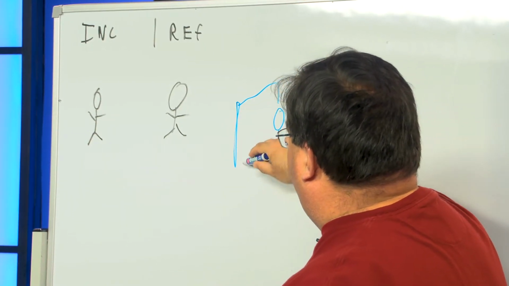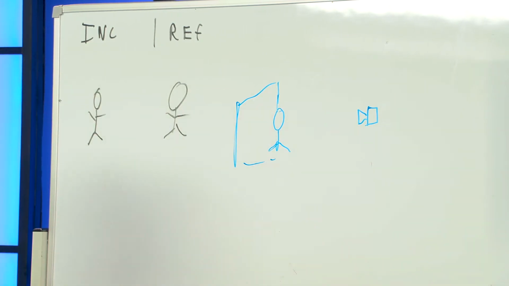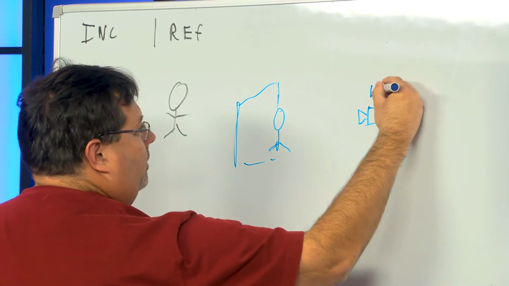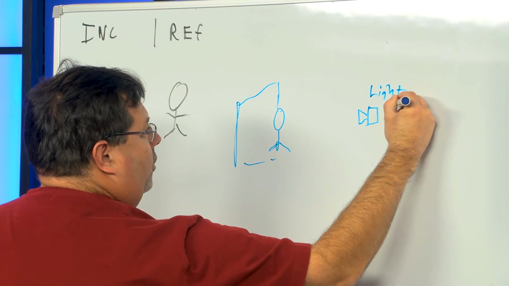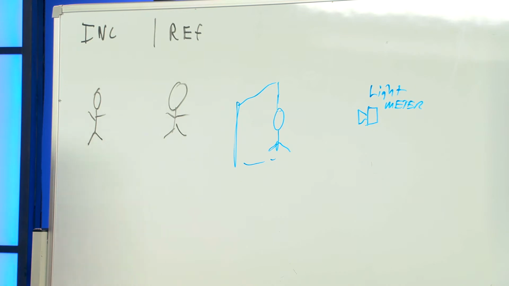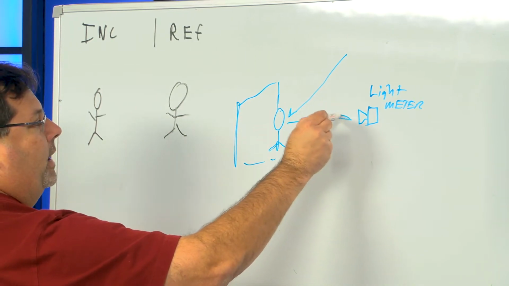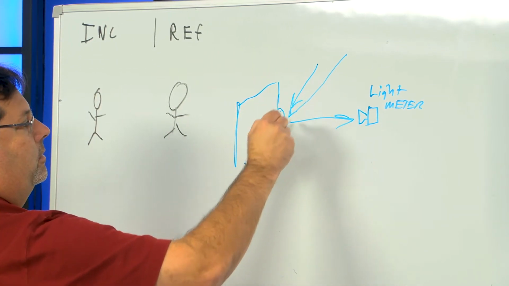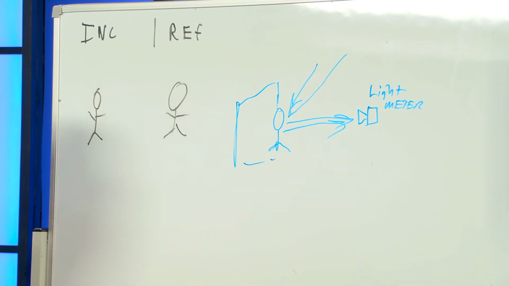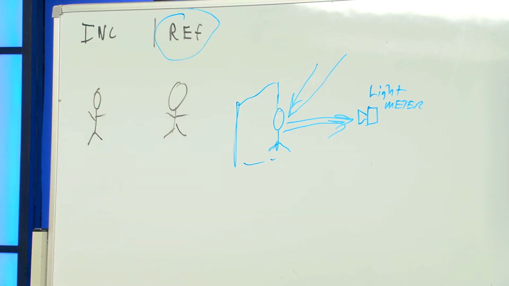So I have a wall and I have a camera, and what the light meter inside this camera wants to see is a balance, like the middle point. A reflective light is light that comes into the subject and bounces back to the camera. That's called reflective light.